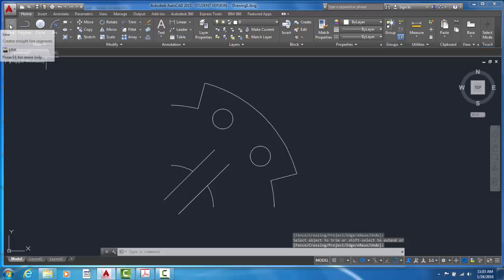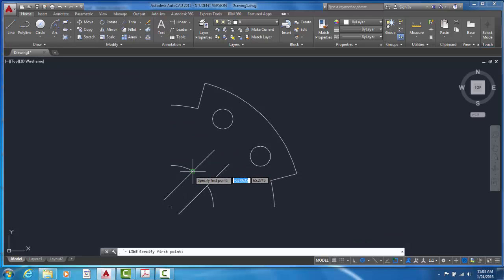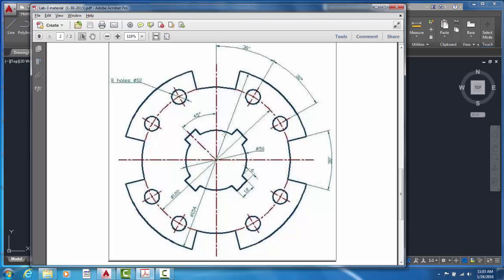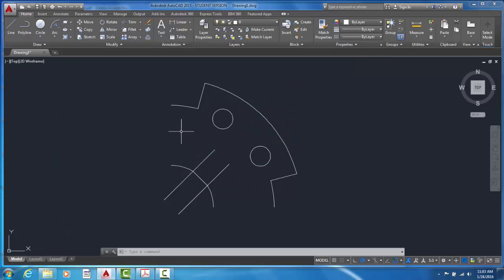Now I'm going to draw a line between the endpoints of those arcs that are left. I know that my cutout is 6 units deep, so I'm going to offset that line by 6 units.